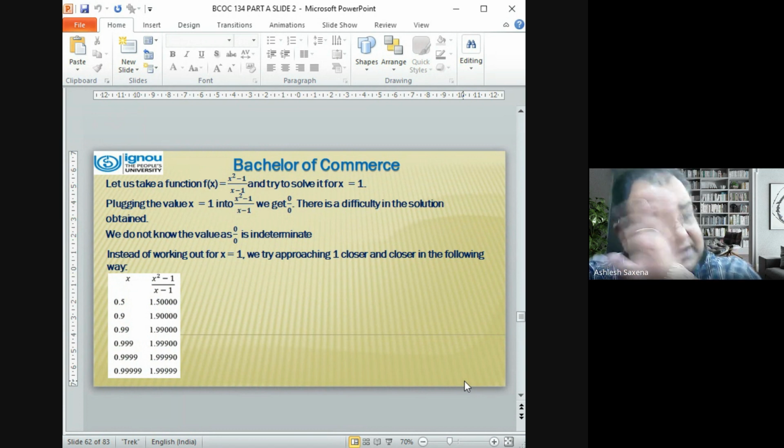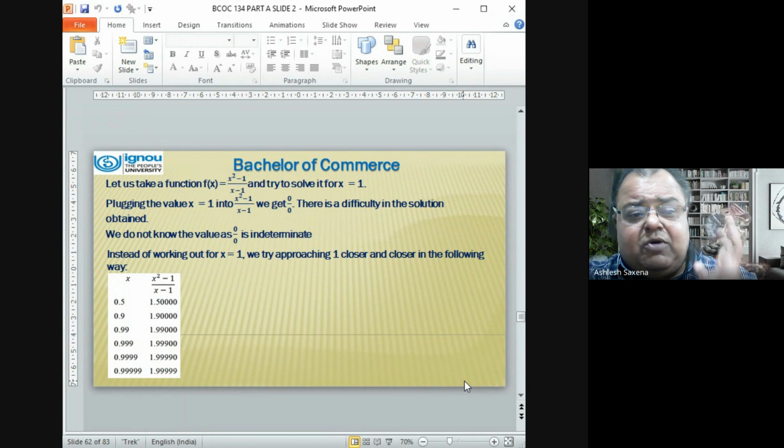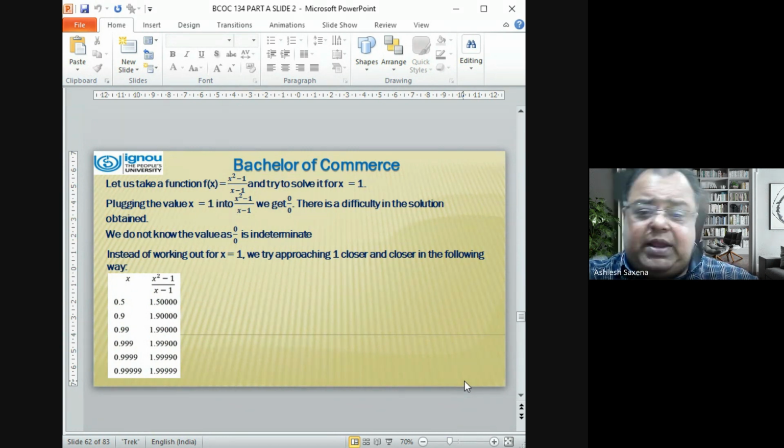Now, as soon as we apply the value of x is equal to 1 in this function f(x), it will be in the form of 0 by 0, which doesn't solve our purpose.